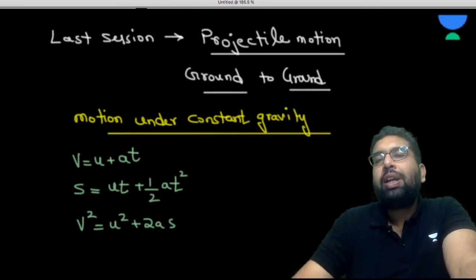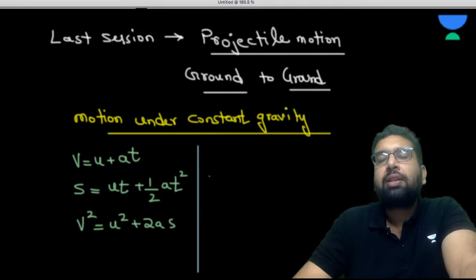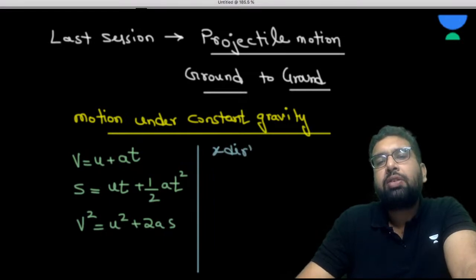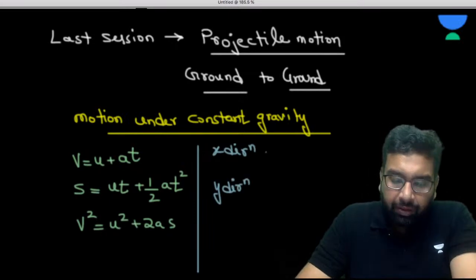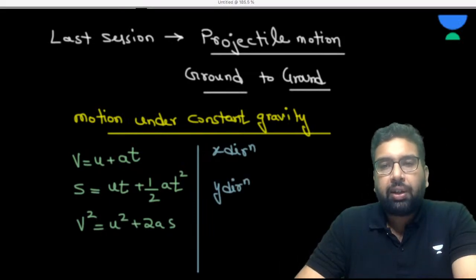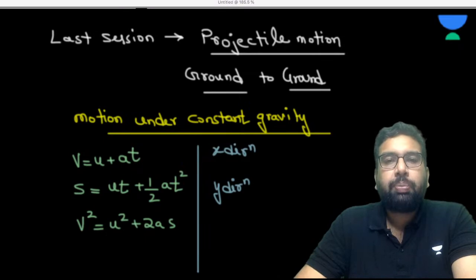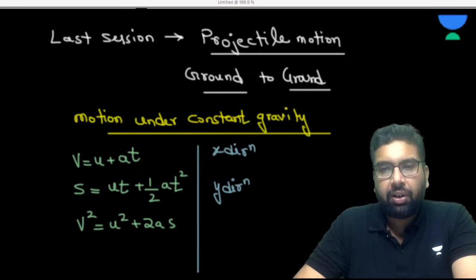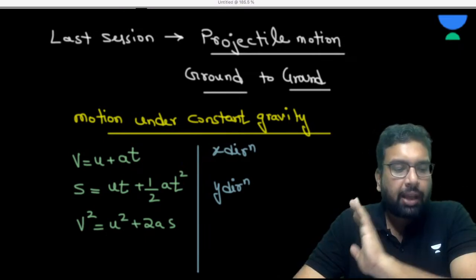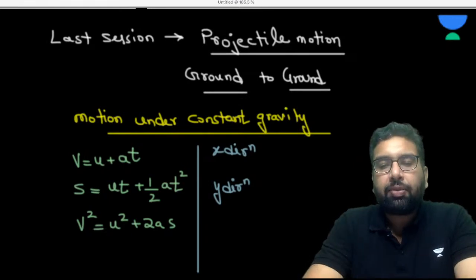See how we analyze this. In the last session we analyzed this motion in two parts, one in the x direction and another in the y direction. When we analyze these relationships in the x and y directions, we get some formulas.